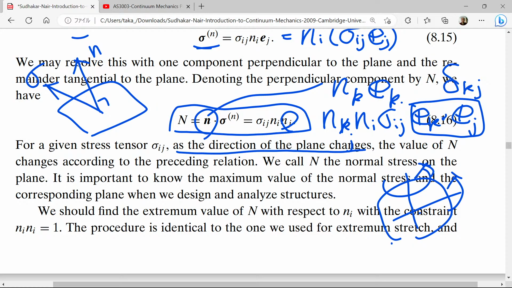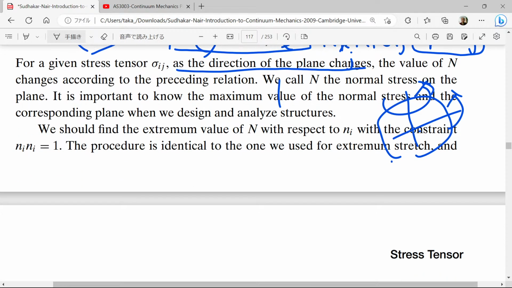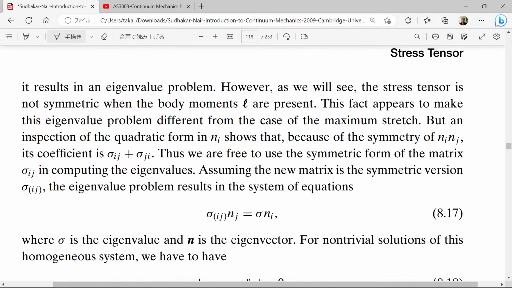You just find some plane where the value of N becomes largest. We should find that extremum value of N with respect to ni with the constraint ni ni equal 1. The procedure is identical to the one we used for extremum stretch, and it results in an eigenvalue problem.